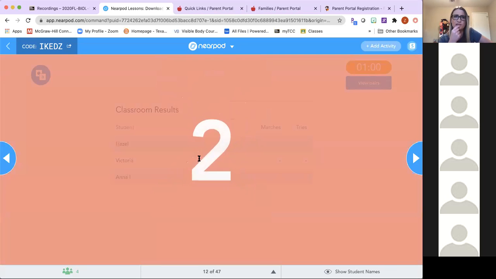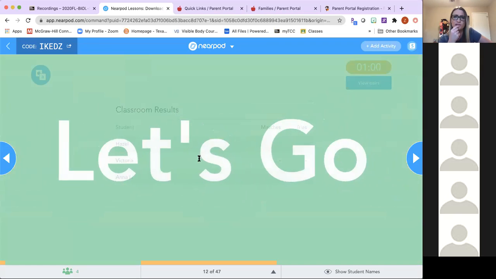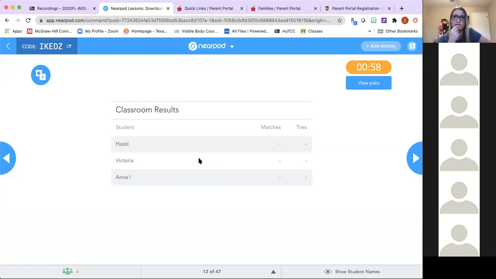Let's see. One thing that I don't see when I run this from my computer is what the matches are. Like, what are you matching? It just shows me your results.